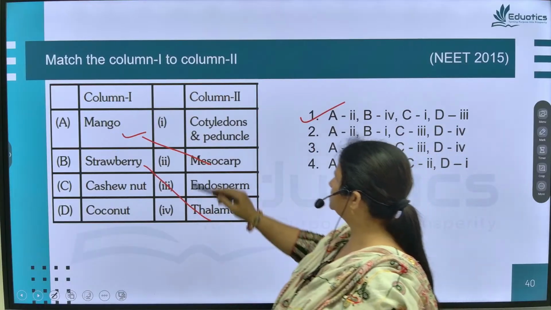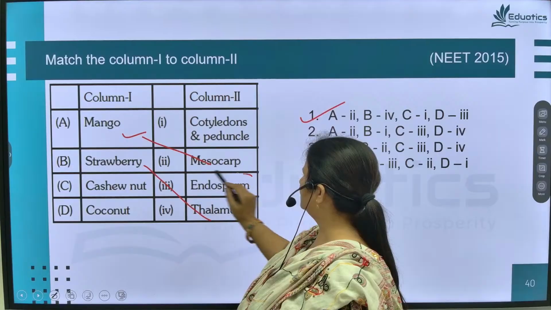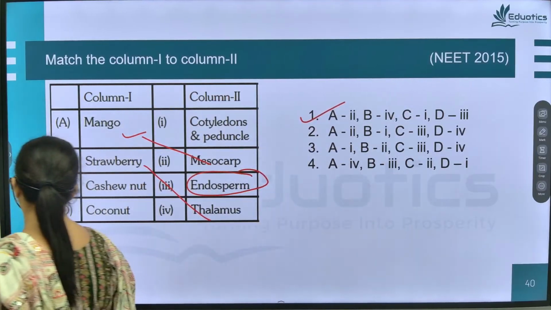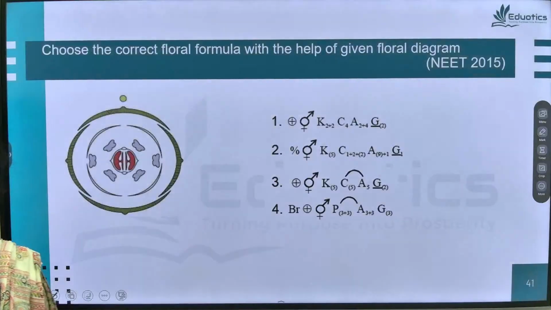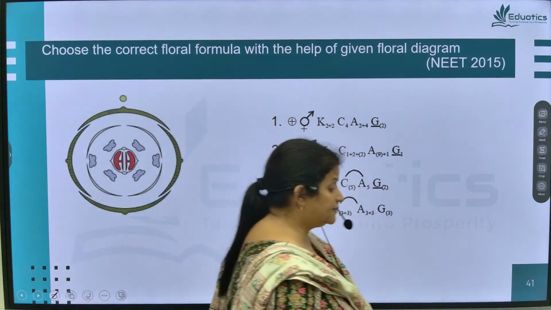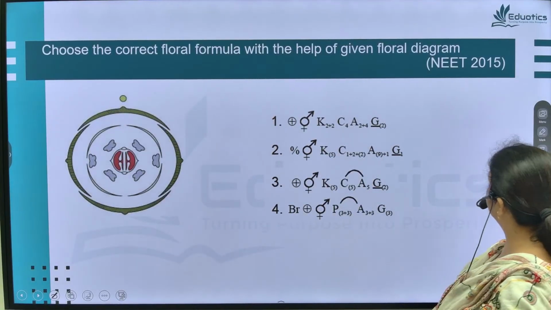In the cashew nut it is the cotyledons and peduncle, and in the coconut it is the endosperm. The edible part in the coconut is the endosperm, and it is given in the NCERT chapter Cell Cycle and Cell Division, last line of meiosis. Again the same diagram.